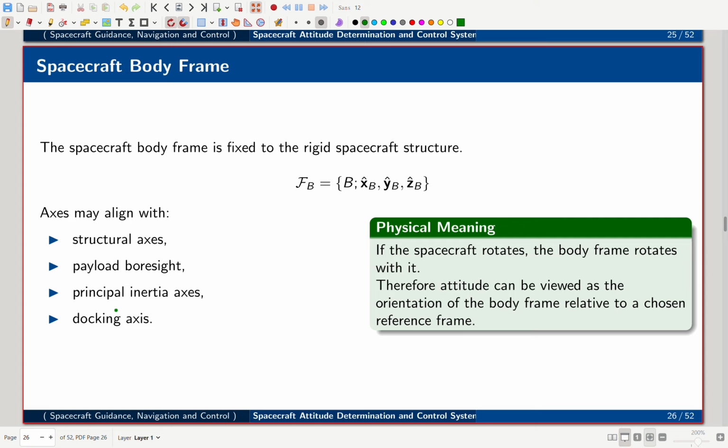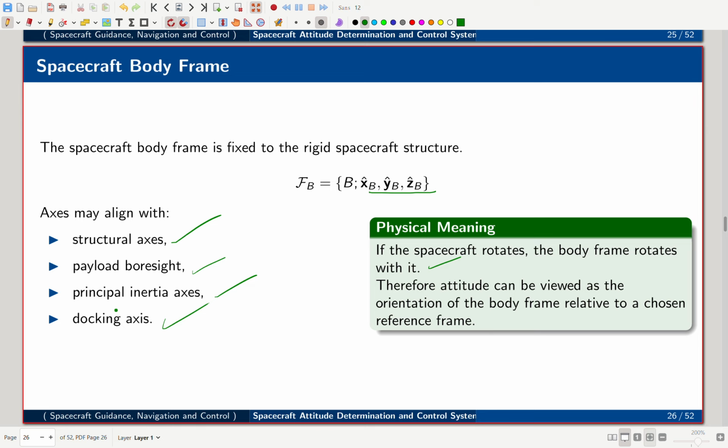Spacecraft body frame is fixed to the spacecraft structure. So this is your body frame, and the axes may align with the structural axes, payload boresight, principal inertial axes, docking axis, and physical meaning. If the spacecraft rotates, the body frame also rotates with it.